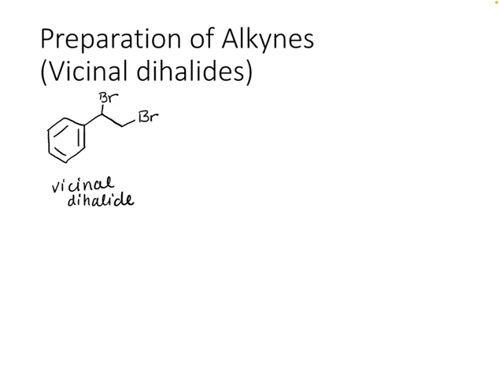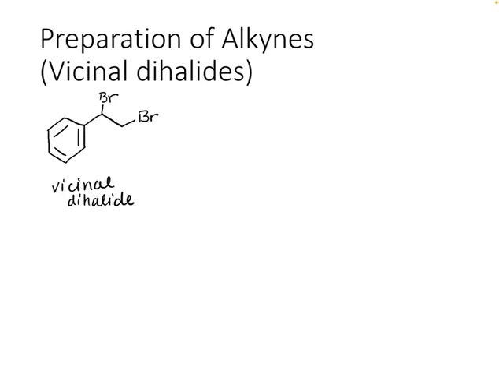So again, a vicinal dihalide tells us that we have two halogens, but the vicinal part tells us that they're bonded to adjacent carbons.